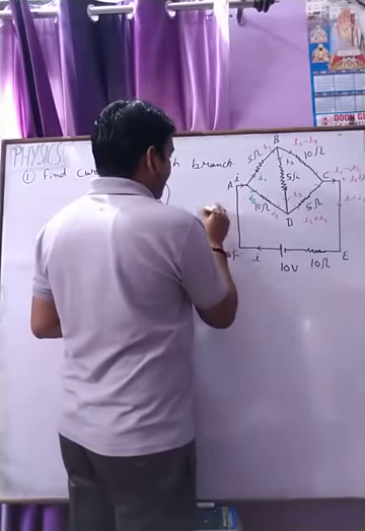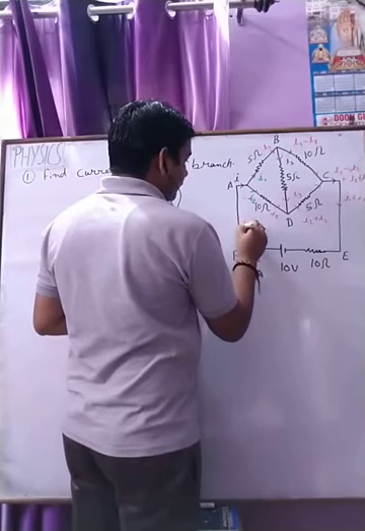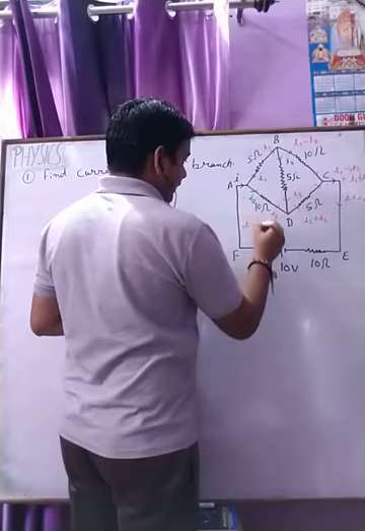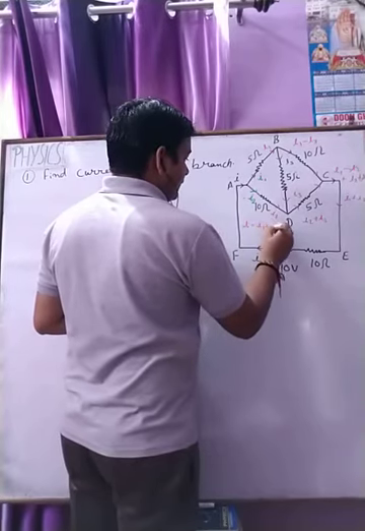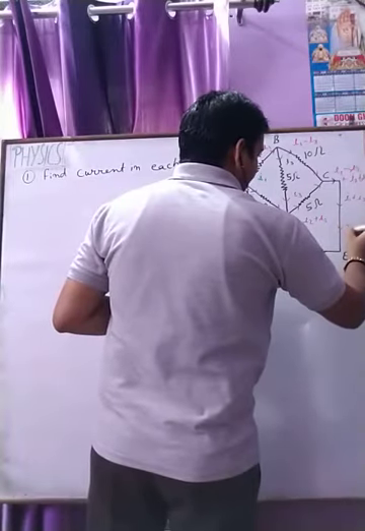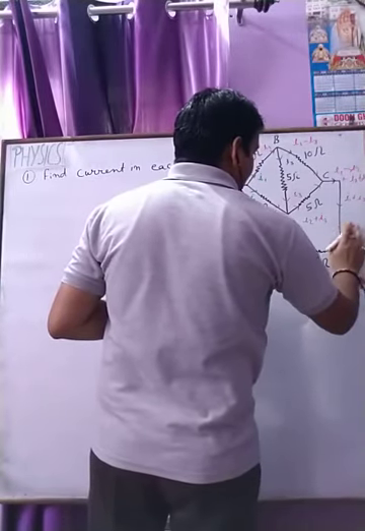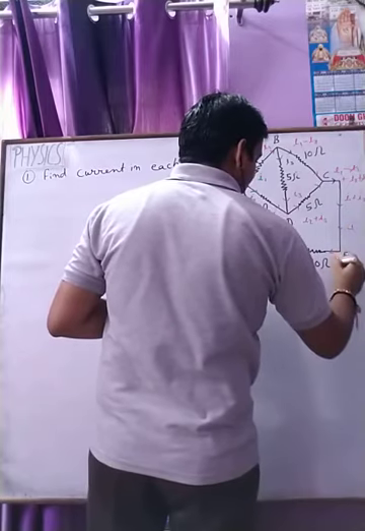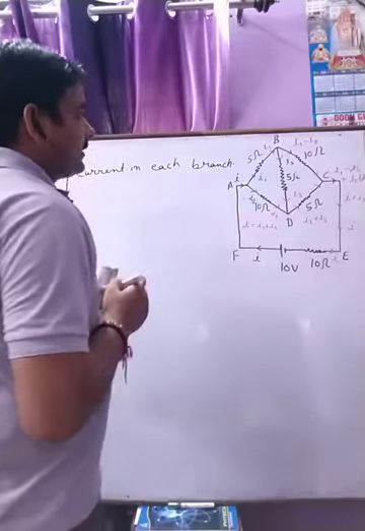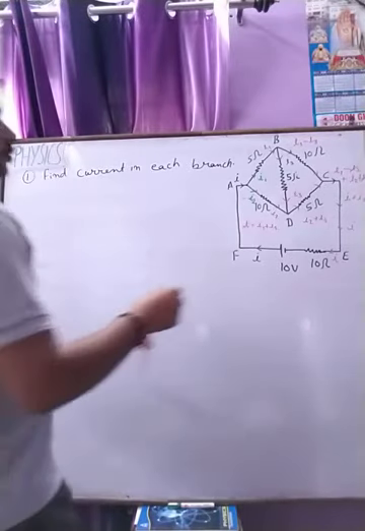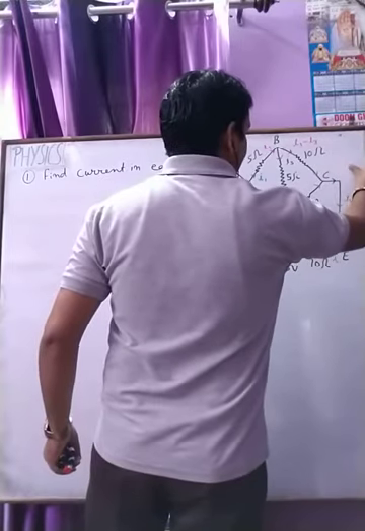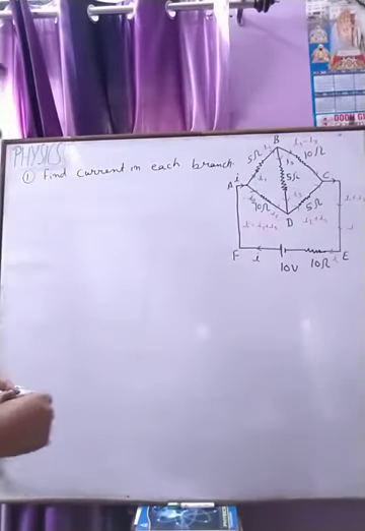Initially current I is distributed as I1 plus I2. Okay, so this is current I, and current I is moving from E to F and enters the negative terminal of the battery. So this is the distribution of current in the branches.